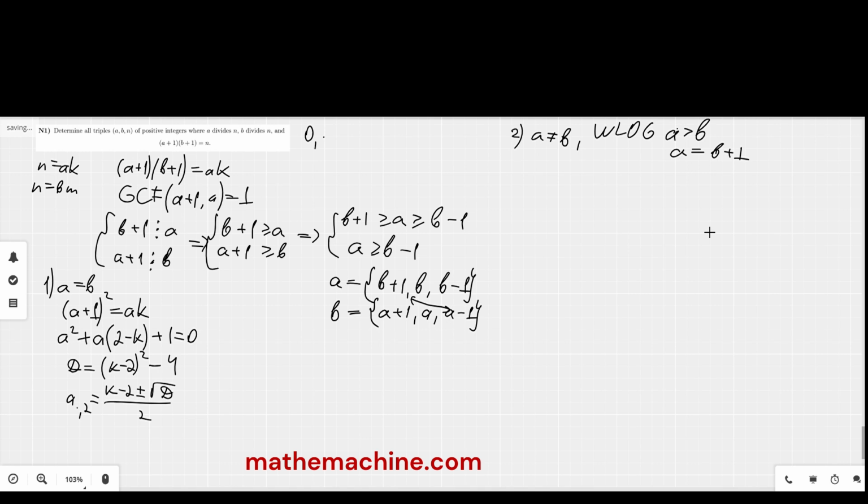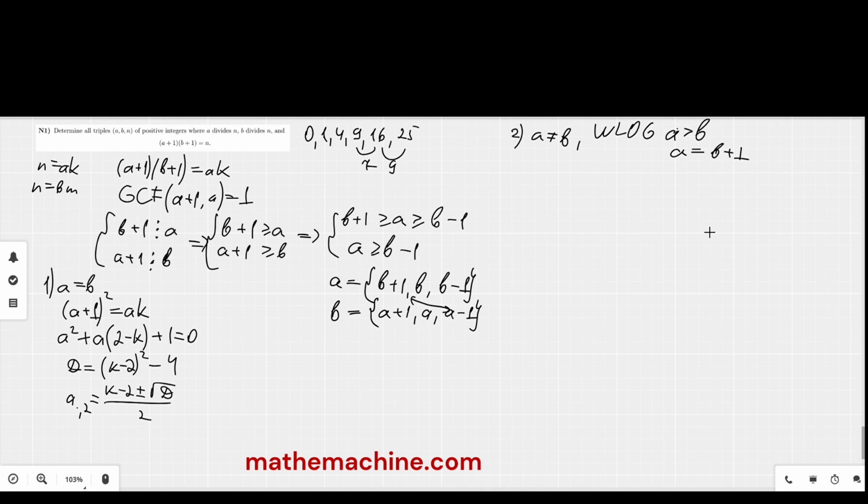The square of 0 is 0, the square of 1 is 1, the square of 2 is 4, the square of 3 is 9, the square of 4 is 16, 25, and so on. Look at the difference between the squares. It starts to grow as we go further and further. This difference is 7, the next difference is 9.